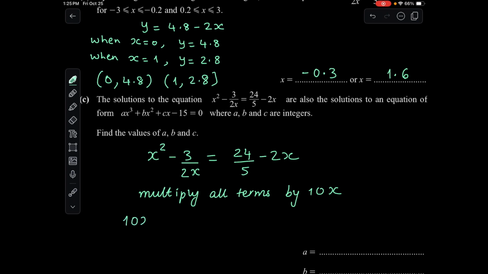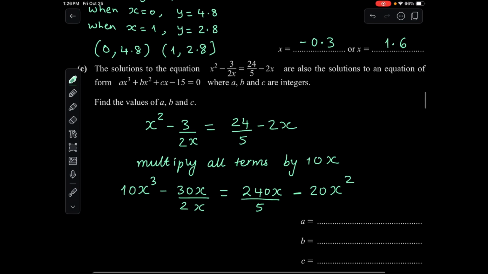So it's going to be 10x cube minus 3 over 2x times 10x is going to be 30x over 2x. I'm just keeping this so that I can explain further. 240x divided by 5 minus 20x square.